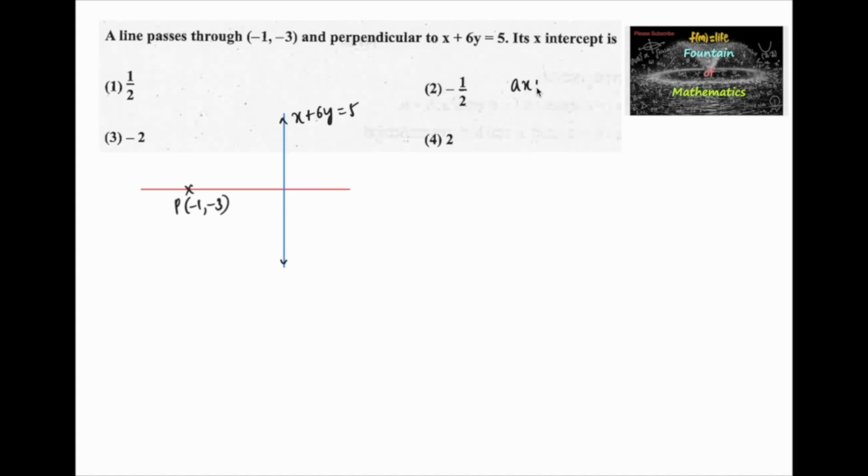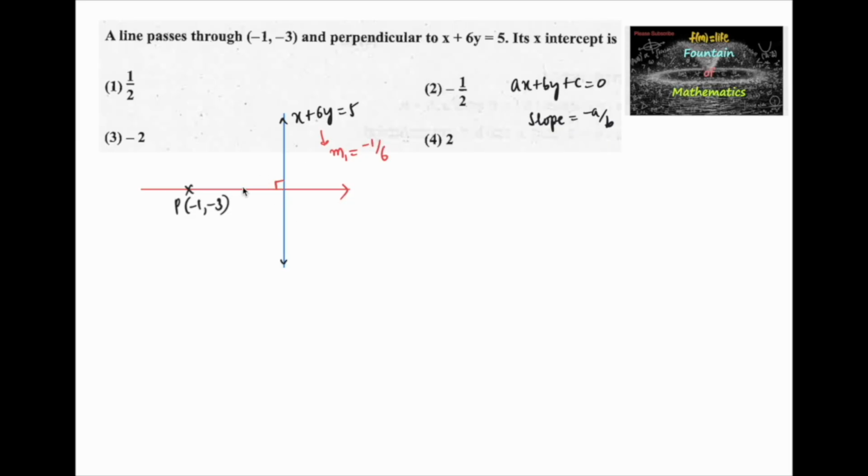We know that if a line equation is ax + by + c = 0, its slope is given by −a/b, so we can say the slope of this line x + 6y = 5, say m1, is equal to −1/6.